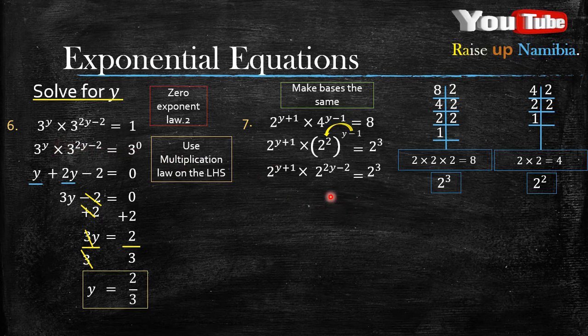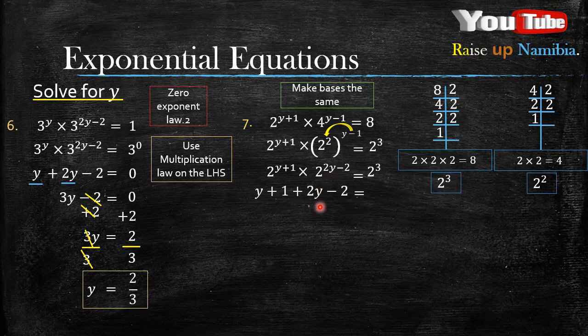Okay? So although all your bases are the same, here you have a multiplication sign. So what do we do when we see a multiplication sign? We use the multiplication law. What does the multiplication law state? It states that if your bases are the same, you need to add your exponents.